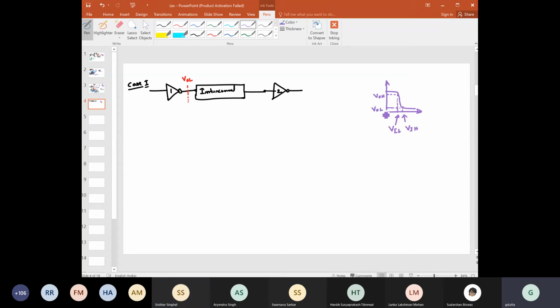This is VOL. So suppose you have some input here, which is actually not completely VDD, but due to the presence of some noise here, it is somewhat in this VIH range, so that the output is here, this VOL.